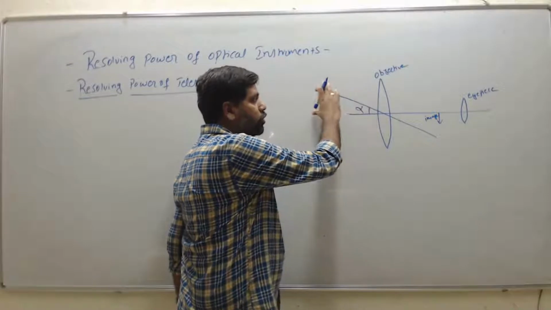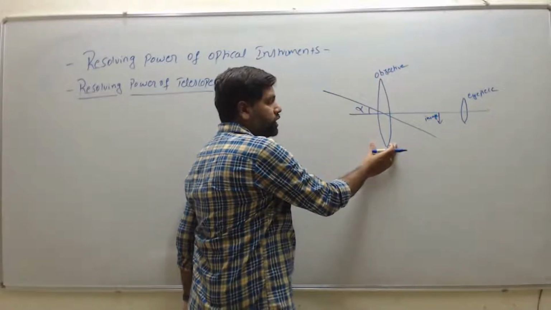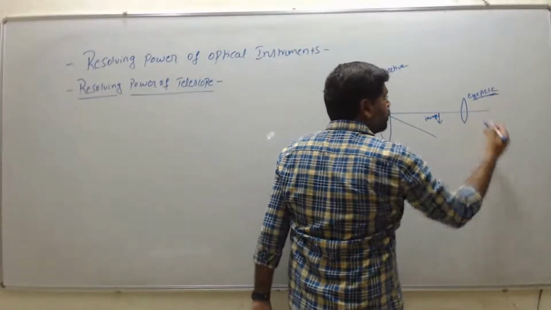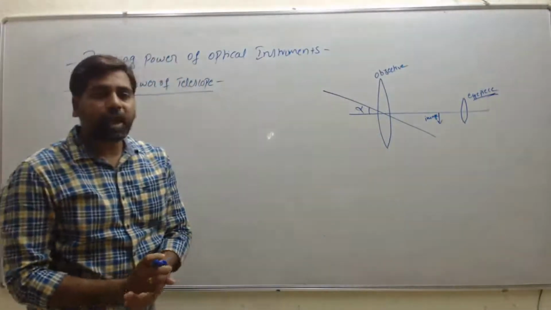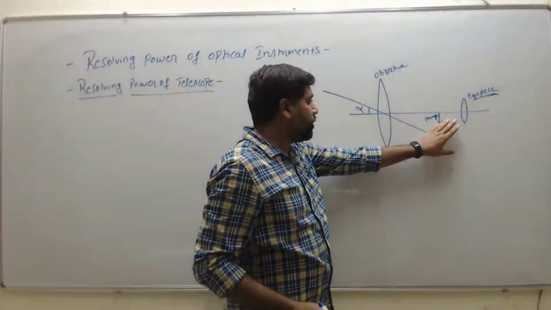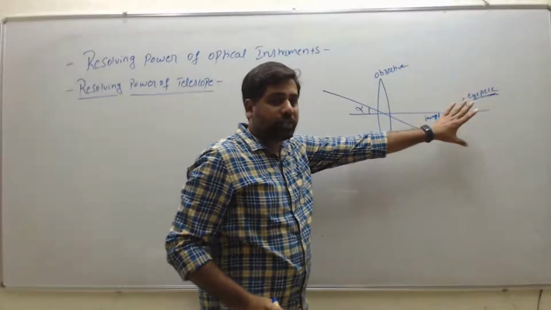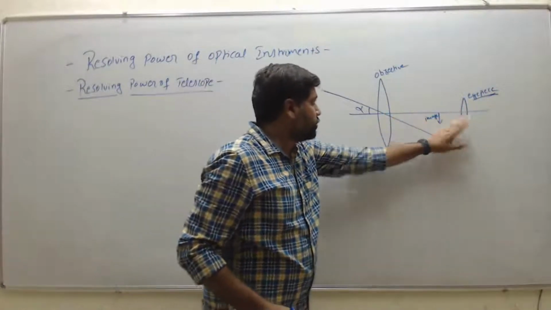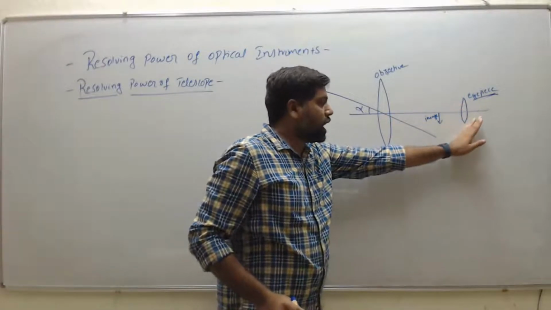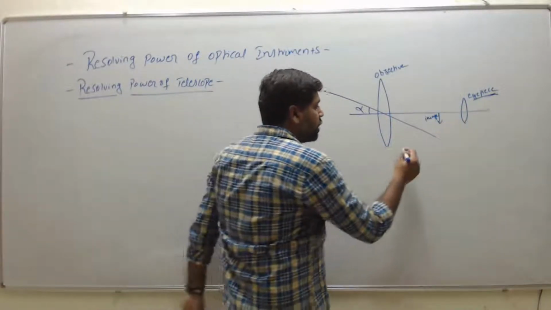The angular separation of the objects is made by the objective, and the main use of the eyepiece is to magnify this image, so we get the magnified image of that object.